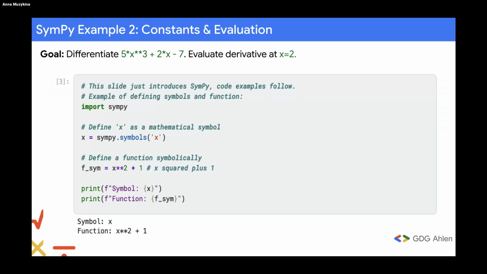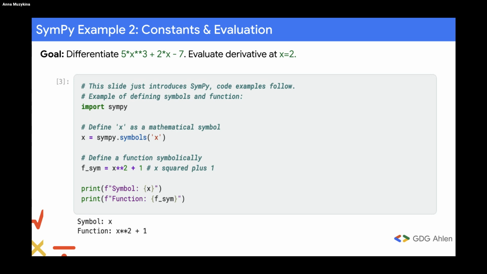Sympy easily handles constants and allows evaluating the derivative at a specific point. So let's explore this part of code. We define x as a symbol, then we define the function f3, which equals 5 times x cubed plus 2x minus 7.